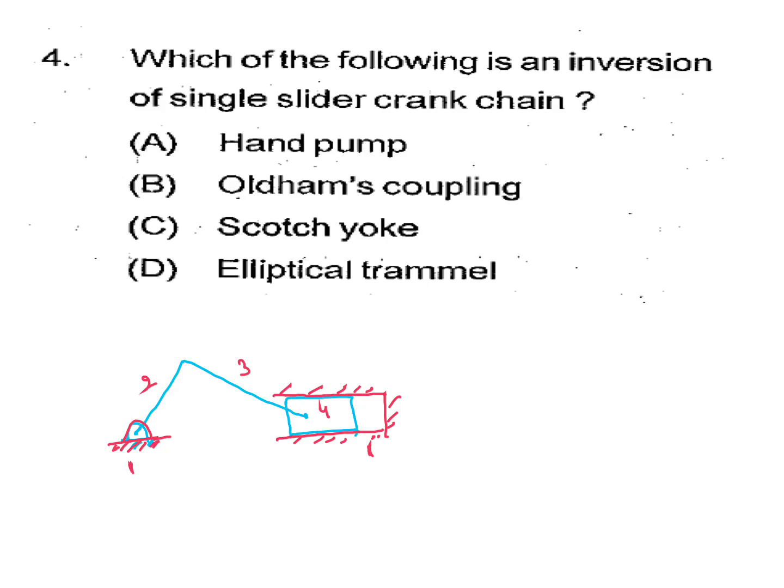This is an example of single slider crank chain. Its inversion we have to use. Hand pump is the fourth inversion of single slider crank chain. In hand pump, you have to fix the fourth link.